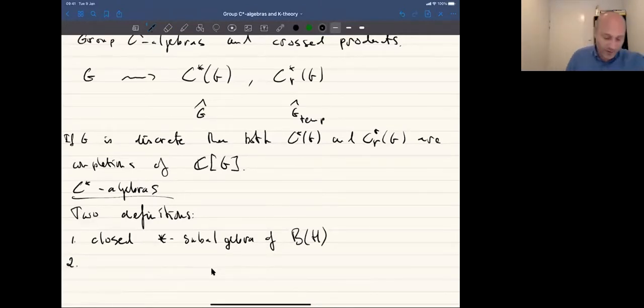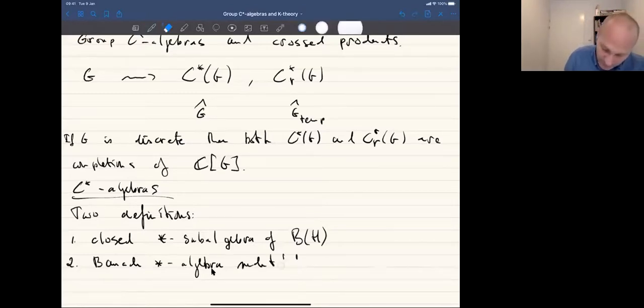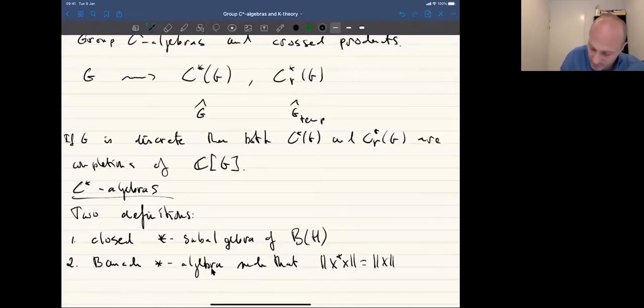And the second one is that a C-star algebra is a Banach star algebra, so this means it's a Banach algebra with involution, such that the norm and the involution are related by this identity, meaning the norm of x star x is exactly equal to the norm of x squared.